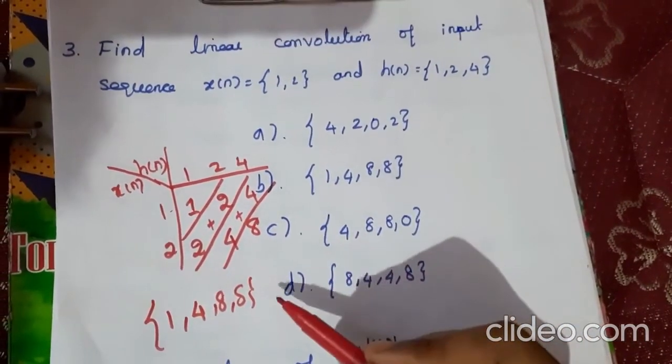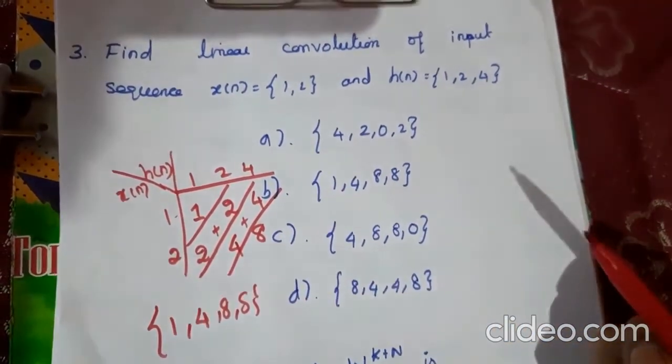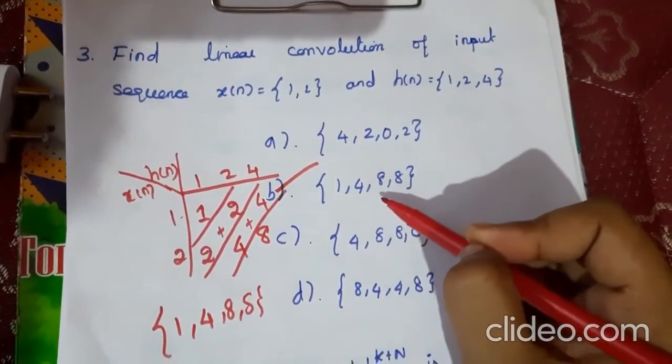So the sequence is 1, 4, 8, 8. So here the answer is B, 1, 4, 8, 8.